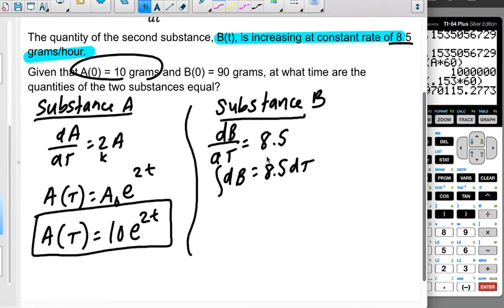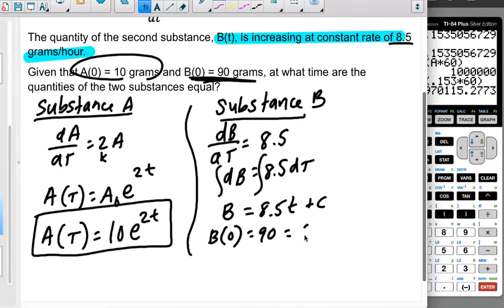When I do the antiderivative of both sides, I get B equals 8.5t plus some constant of integration. I can then use B of 0 is 90 to find that constant. Since B of 0 is 90, that's 0 plus C. Oh, look, C is 90. So now I have that B of t is 8.5t plus 90.